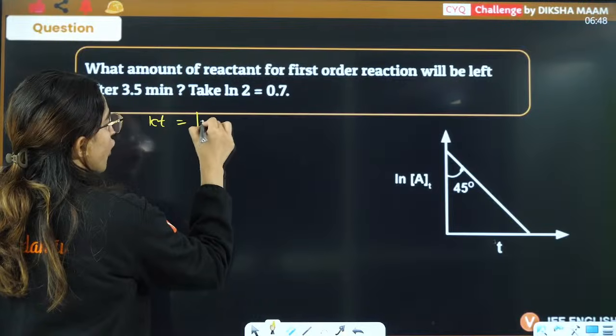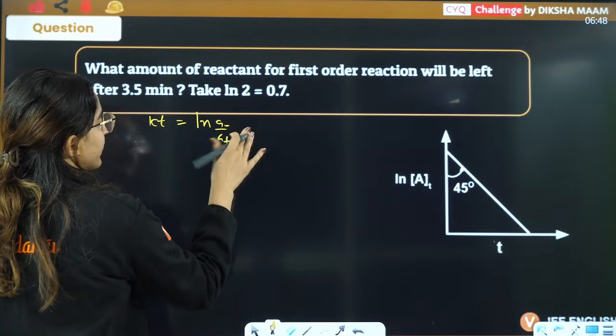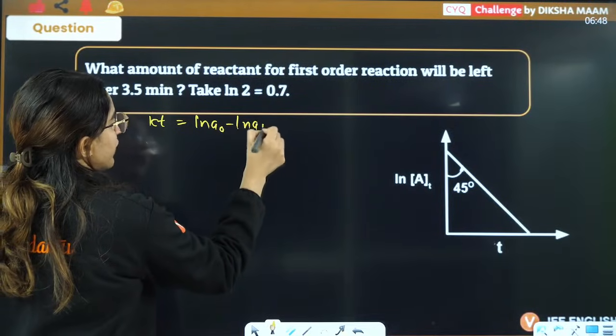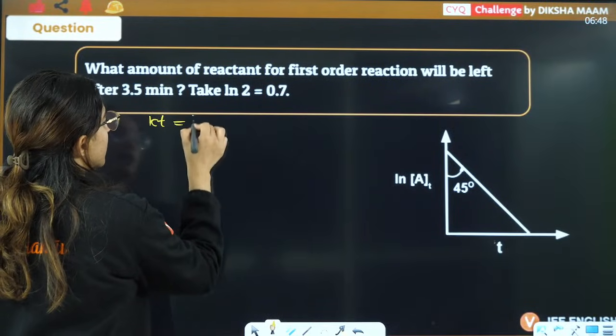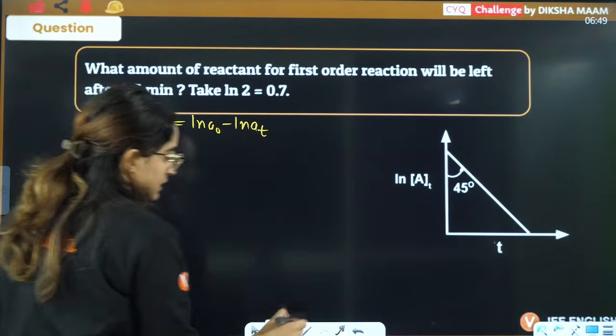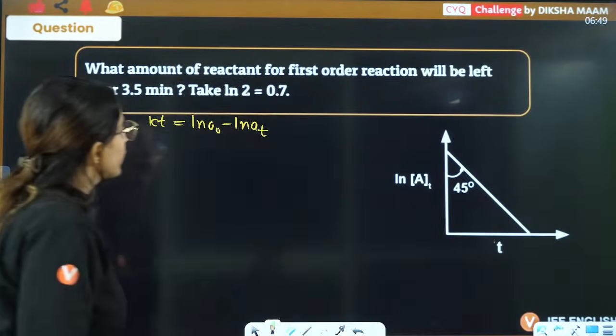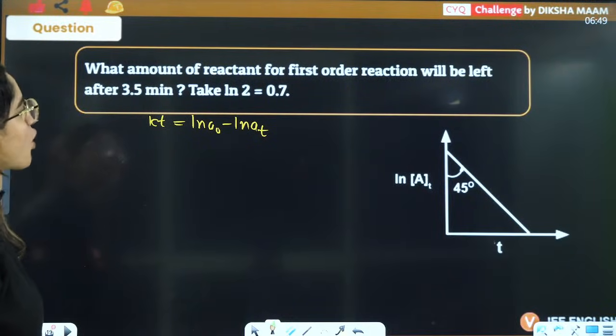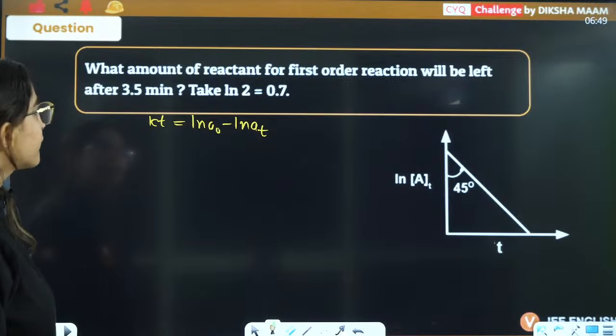If it is not log, it will become ln of A0 by AT. ln of A0 by AT is nothing but ln of A0 minus ln of AT. Isn't it? Now what do you have, what amount of reactant for the first order reaction will be left after this?